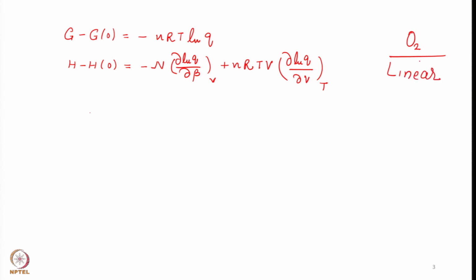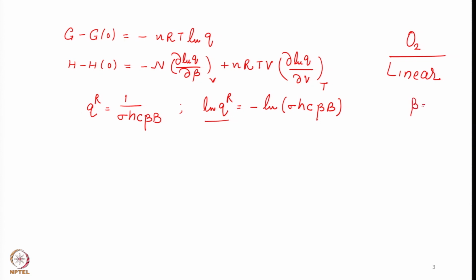Once it is a linear molecule, I will use qR is equal to 1 upon sigma hc beta B. The logarithm of this, log qR, is log of 1 over sigma hc beta B, that means minus log sigma hc beta B. Once we have an expression for log q in terms of sigma hc beta B, where you know that beta is equal to 1 over kT, and we are given the temperature, which is 298 Kelvin, and once you substitute this, you can get the value of H minus H0. You can also get the value of G minus G0.